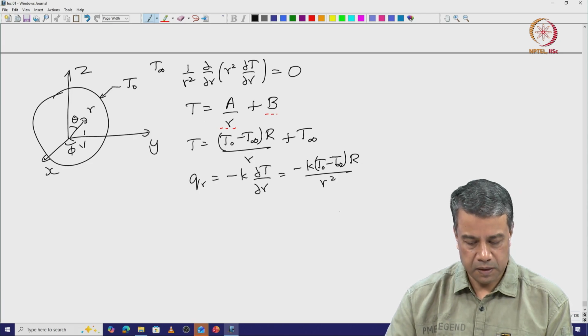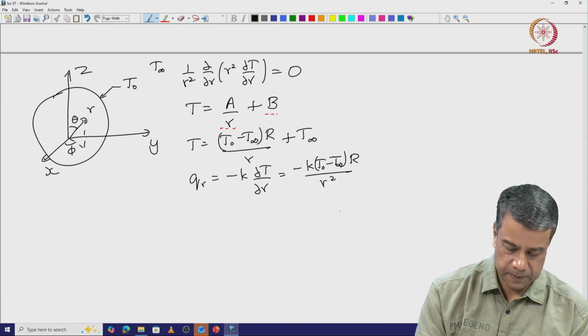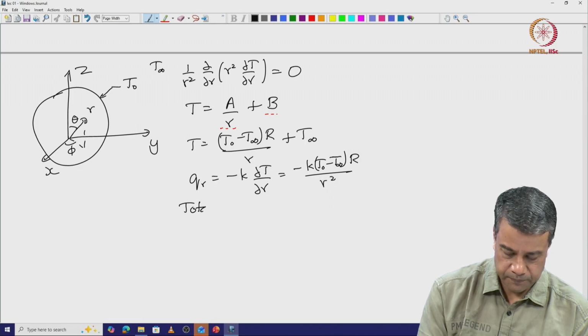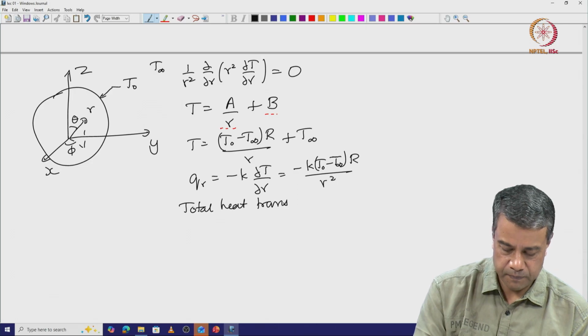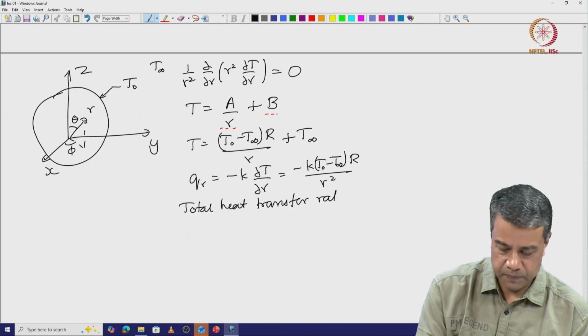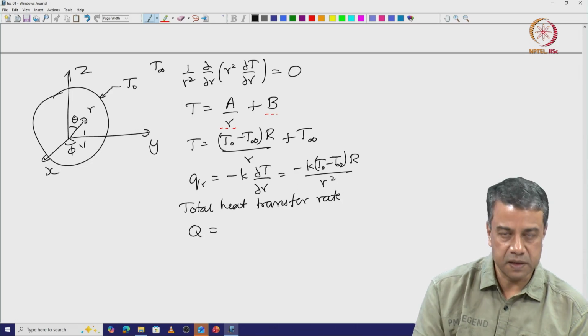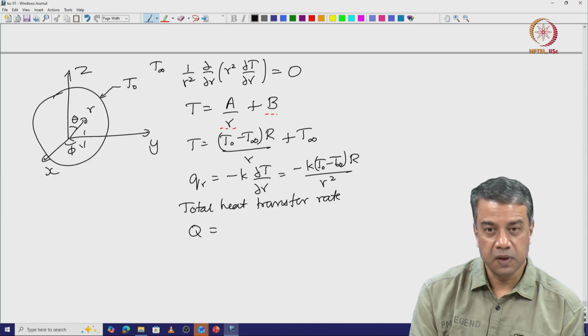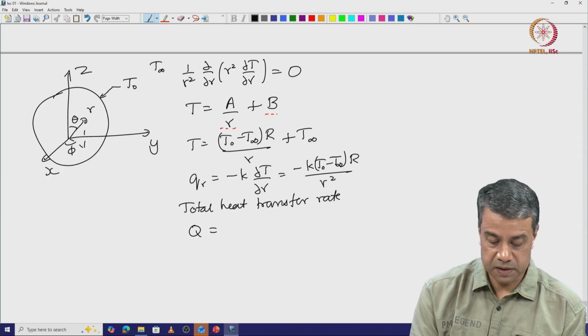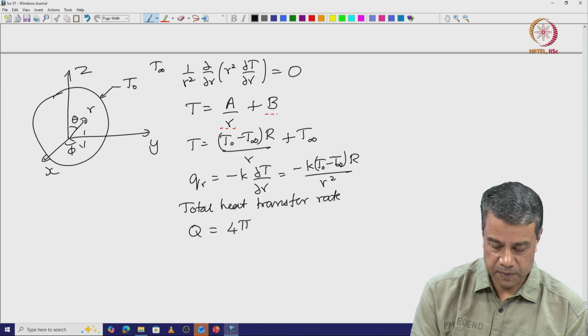The total heat transfer rate Q at any distance r is going to be equal to the spherical surface area 4 pi r square into the flux q_r.